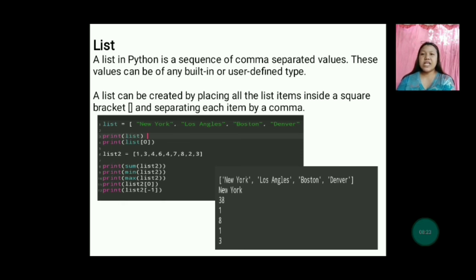Print list 0, list 2, 1, 3, 4, 6, 4, 7, 8, 2, 3. Print sum list 2, print min list 2, print max list 2, print list 2, 0, print list 2, -1. So the result is New York, Los Angeles, Boston, Denver, New York, 38, 18, 13.